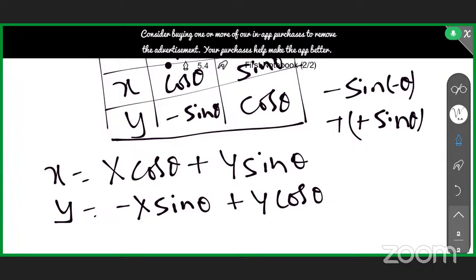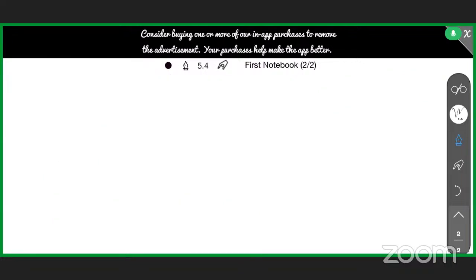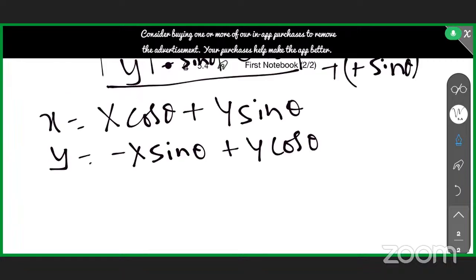Why is cos not changing with sin, sir? Pardon? Why is cos not changing with sin? What is cos of minus theta?